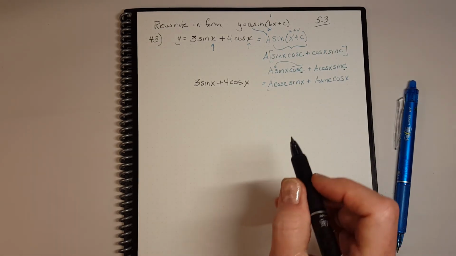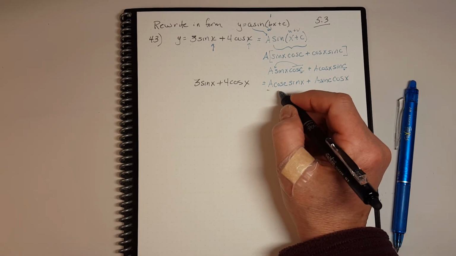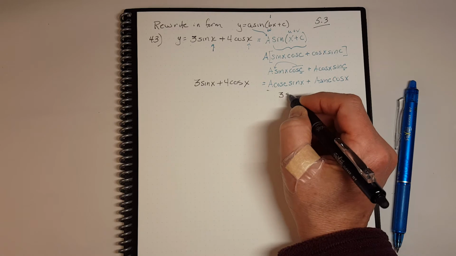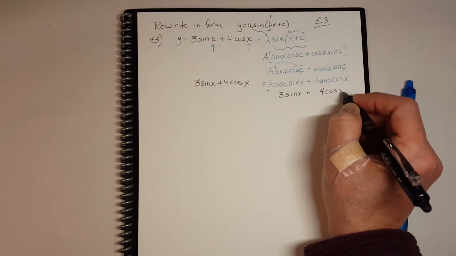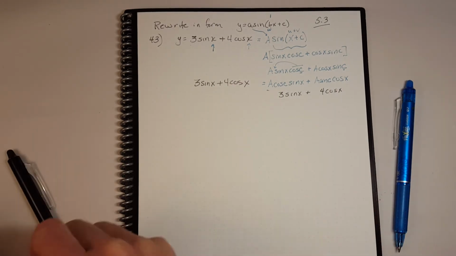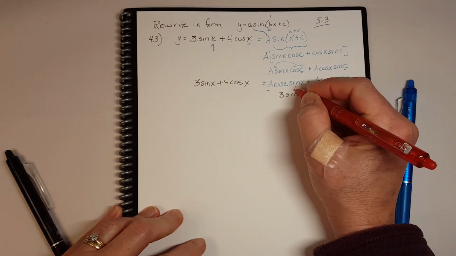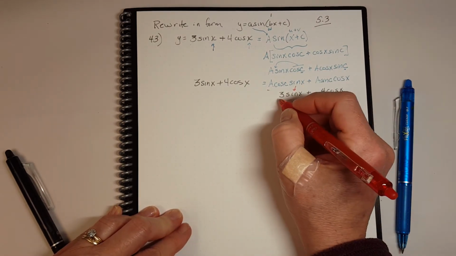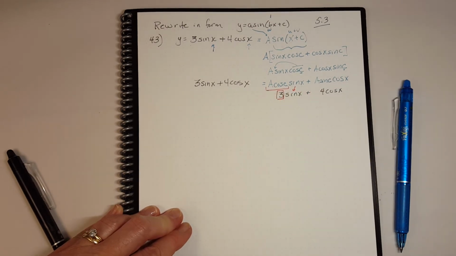All right, so it's not super intuitive from here. I'm going to write this 3 sine x plus 4 cosine x below so you can see what's happening. We're just going to write it below the blue one. And if we look at this, what's happening here is the sine of x is there. And so that means that the 3 has to equal a cosine c.